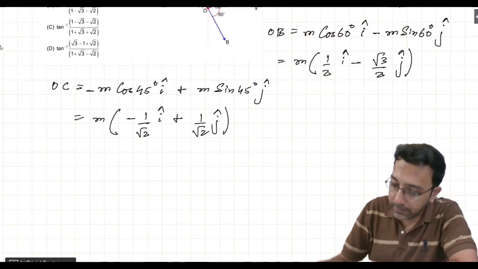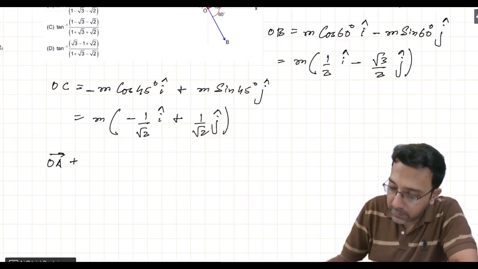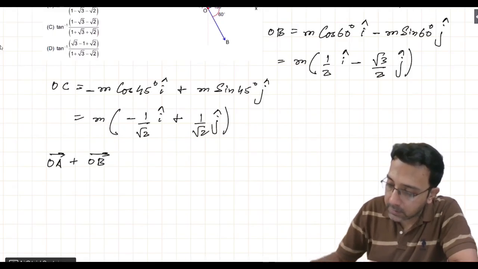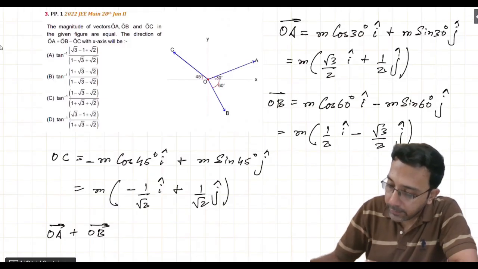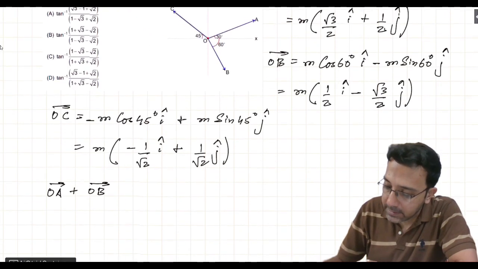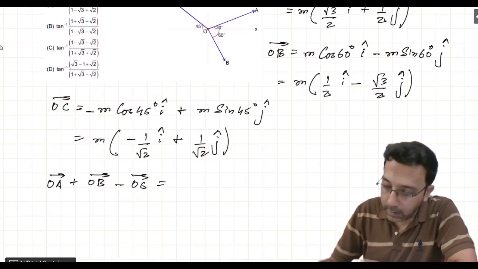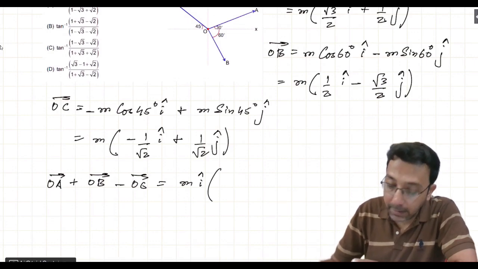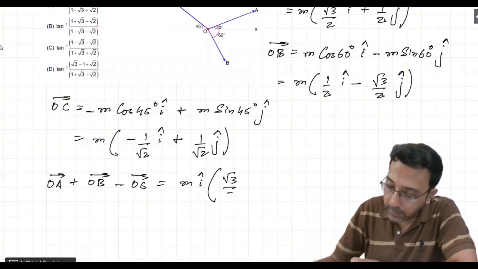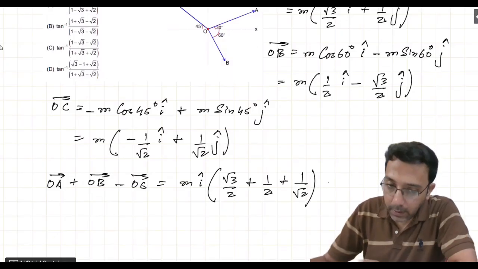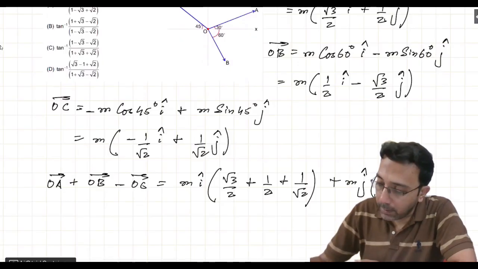So vector OA plus vector OB minus OC, if you execute all these things, it turns out to be m i times the bracket root 3 by 2 plus 1 by 2 plus 1 by root 2, plus m j times 1 by 2 minus root 3 by 2 minus 1 by 2.